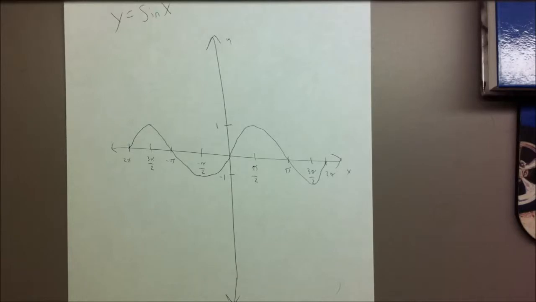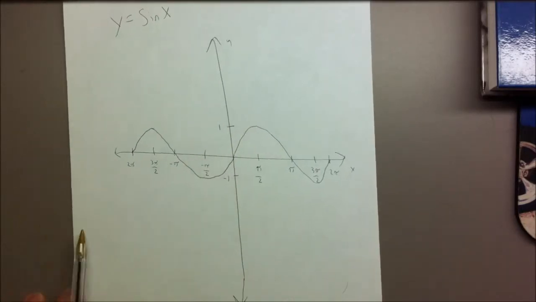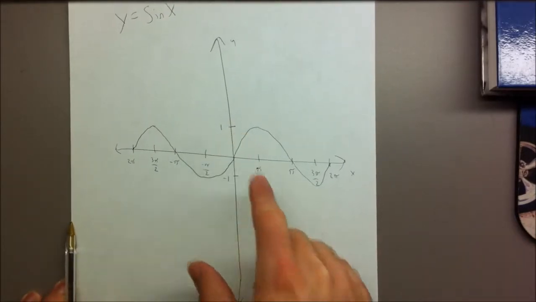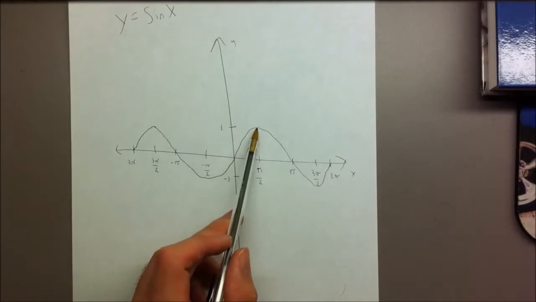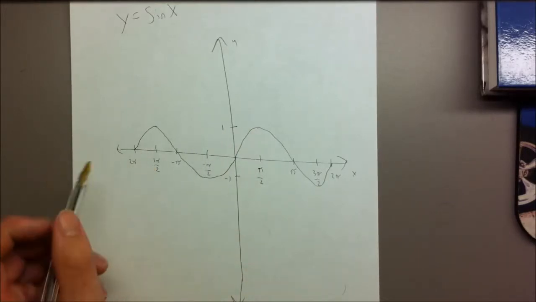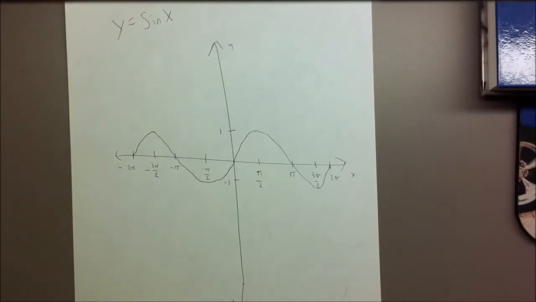So if you take one y value, let's say y equals 1, there are infinitely many x values for that y coordinate. At x equals pi over 2, we have the y value of 1. But also at x equals negative 3 pi over 2, it's also positive 1. So that's why it's not a one-to-one function.